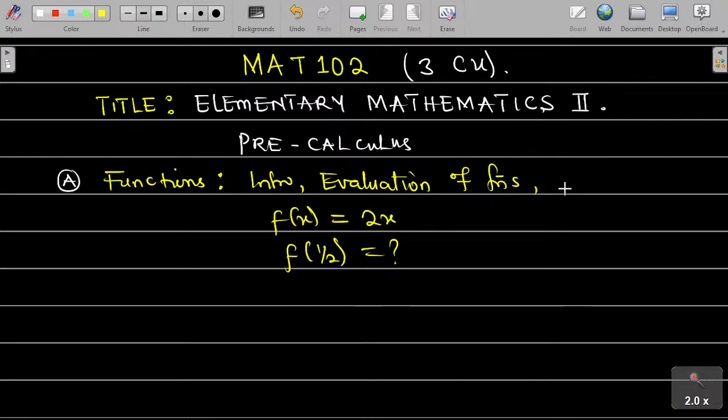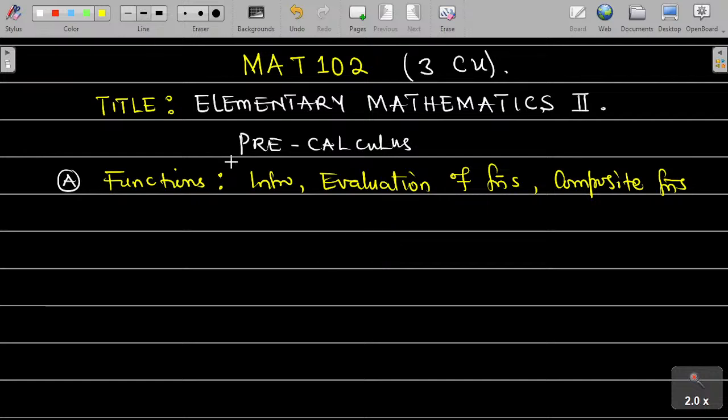And then after this you're going to consider stuff like composite functions. That means how do you take the composition of functions? If a function is given, or two functions or three functions are given, how do you take their composition?